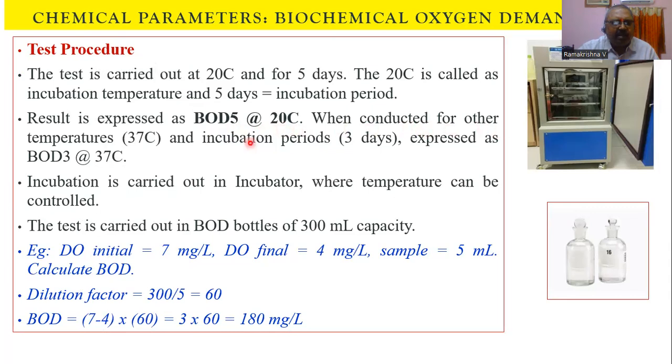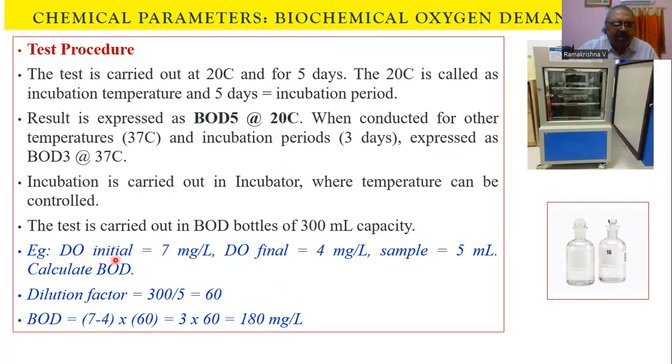If it is conducted for other periods or other temperatures, it should be reported accordingly. For example, BOD3 at 37 centigrade means 3 days of incubation at a temperature of 37 centigrade. Though this is also followed, the universally adopted standard incubation time and incubation temperature is BOD5 at 20 centigrade.